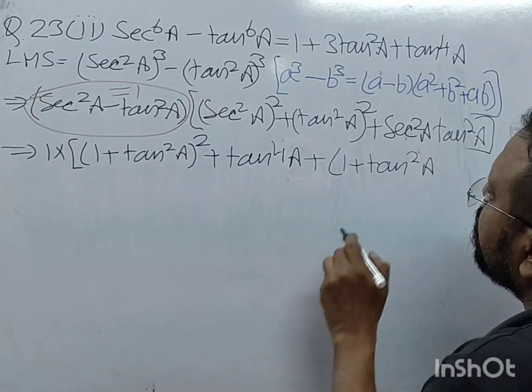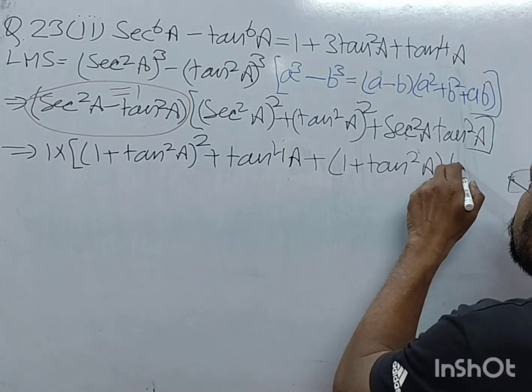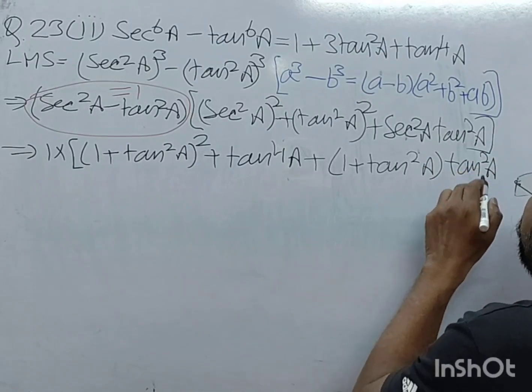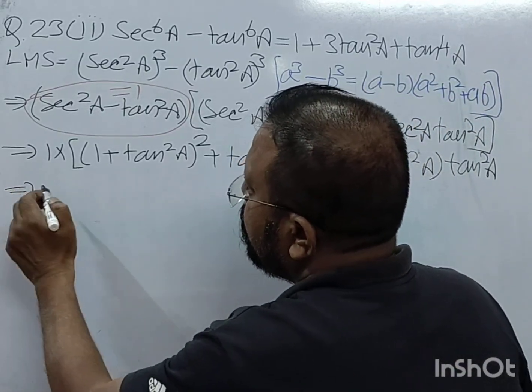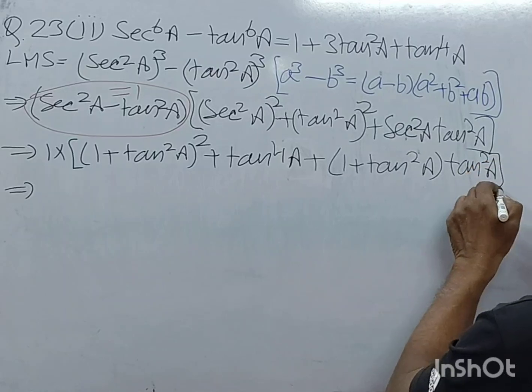Plus, into tan square a. Look at where you are concentrating. This one is multiplied by the whole, right?